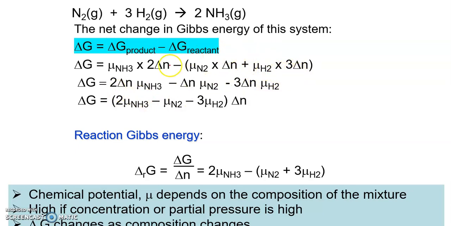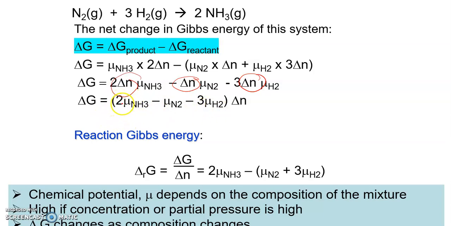So if we expand everything here, we will get 2 delta N times the chemical potential of ammonia, minus delta N times the chemical potential of nitrogen, minus 3 delta N times the chemical potential of hydrogen, and we can factor out this delta N. We will simplify and we will have this equation.